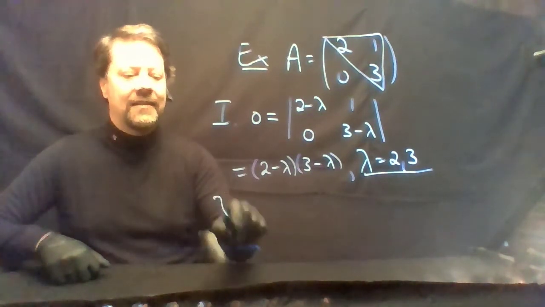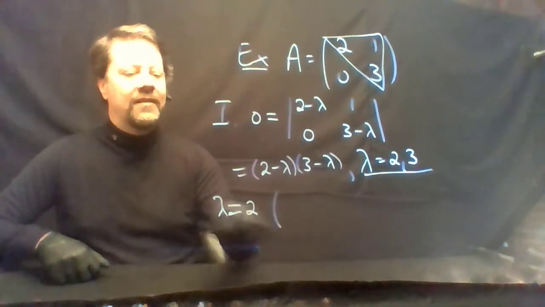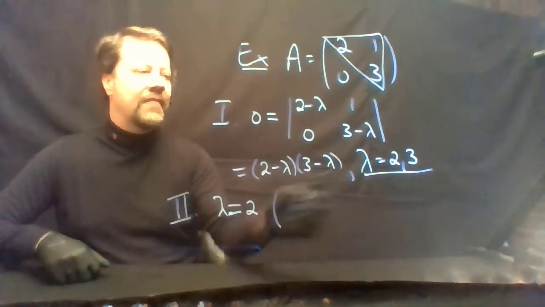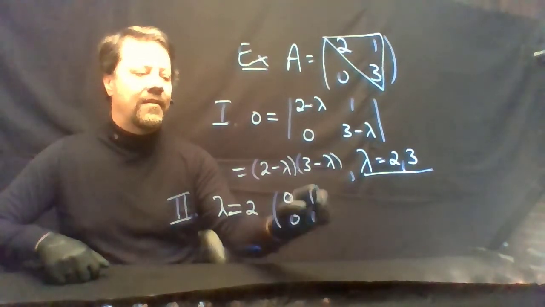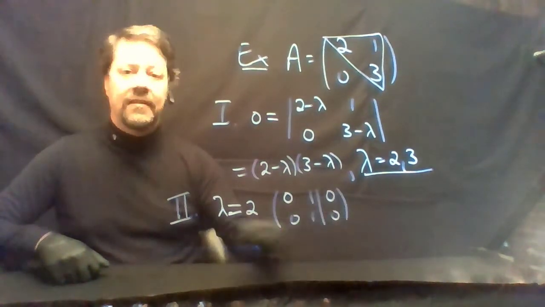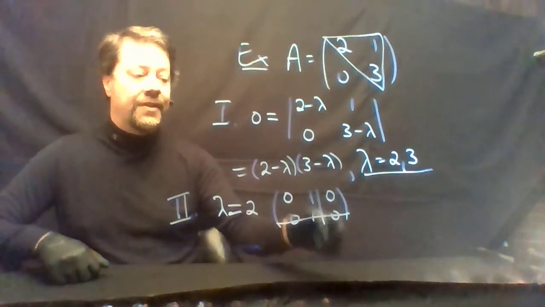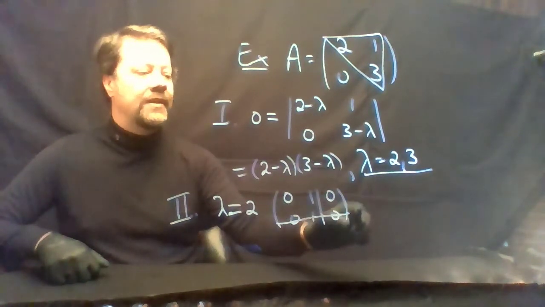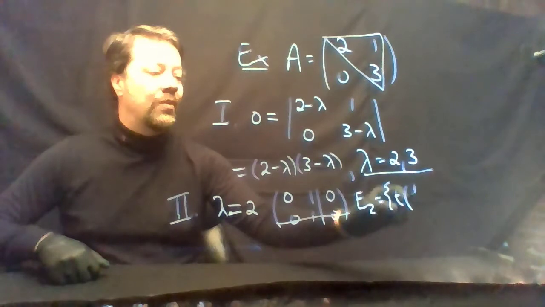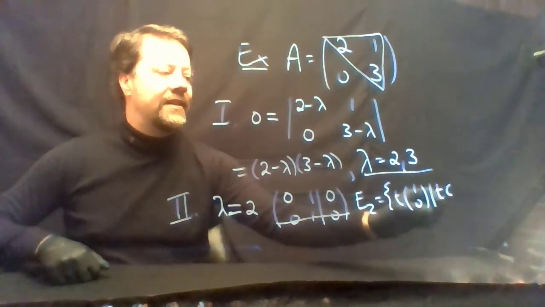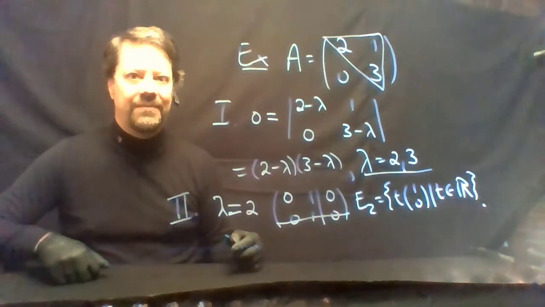It follows then, if lambda is equal to 2, in our second step, we subtract 2 from the diagonal elements. These are dependent rows. One can be reduced to just a row of zeros, and we end up with y equals 0. So our eigenspace E2 is the set of all t times (1, 0), such that t is an element of the set of real numbers, picking off that 2.